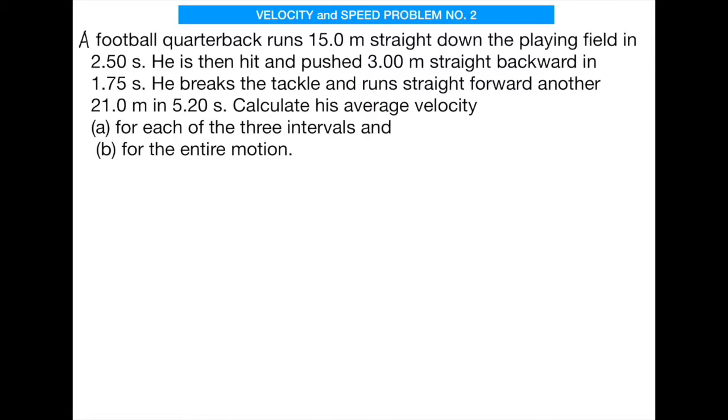Now, for this problem, let's try to identify the given. So the given here we have number 1, 15 meters straight down the playing field. So that is 15 meter. That is simply the x sub 1. 2.50 seconds.